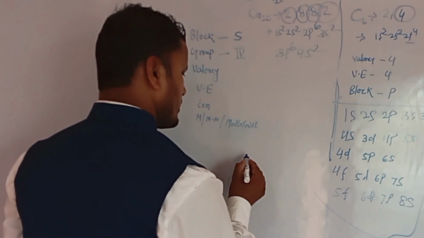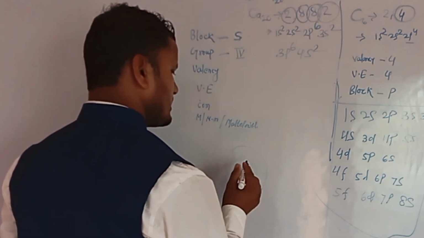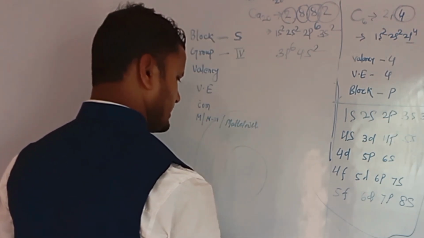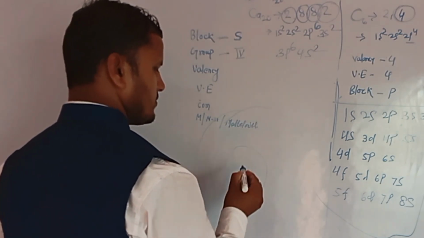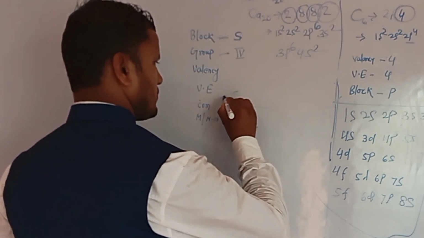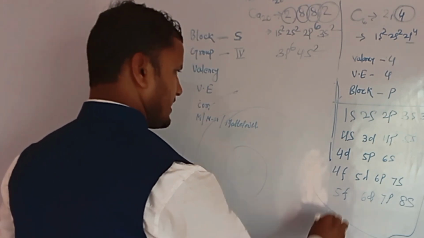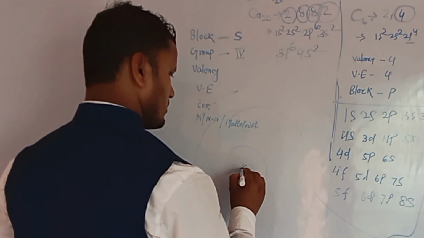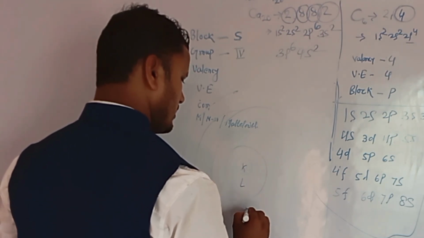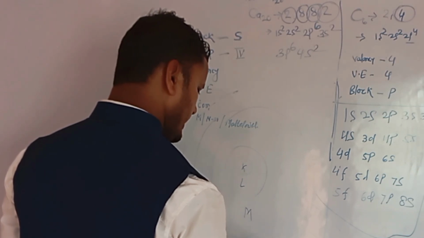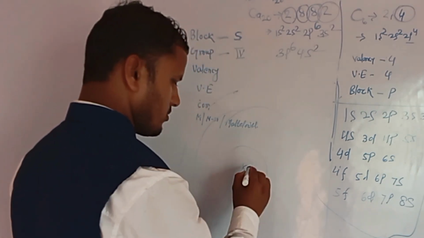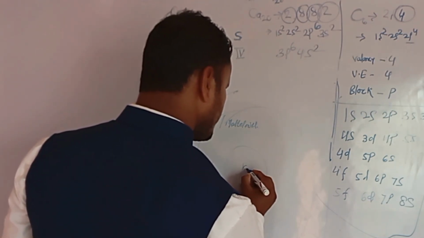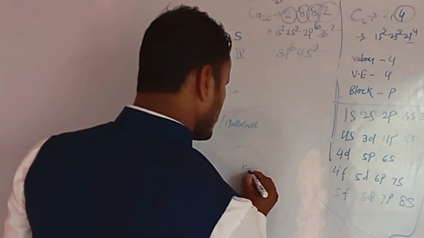This is the first group, this is the second group, this is the third group, and this is the fourth group. Like this: K, L, M, N, O. How many electrons in the first orbit? 2.